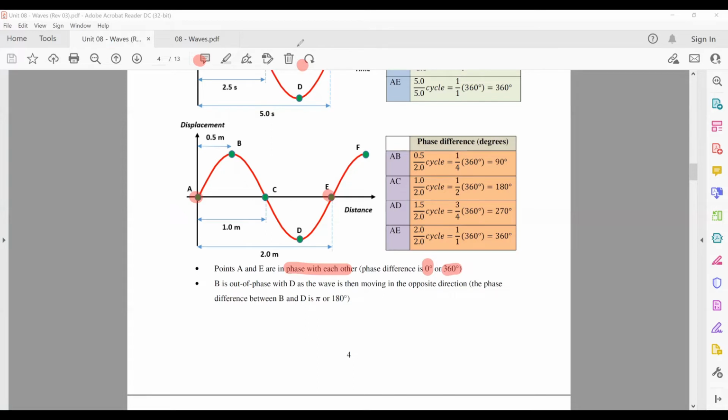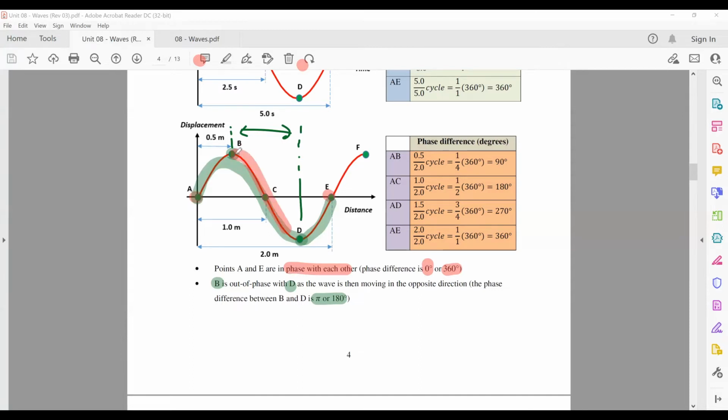Okay, and then when you talk about the phase difference between point B and D, which is this and this, we will normally say that the phase difference is 180 degrees or pi radian. Okay, out of phase here, a lot of time it normally means 180 degrees phase difference, because you see this one is B and then this one is D. If I just look at it as a whole, just looking at it like this is one cycle.